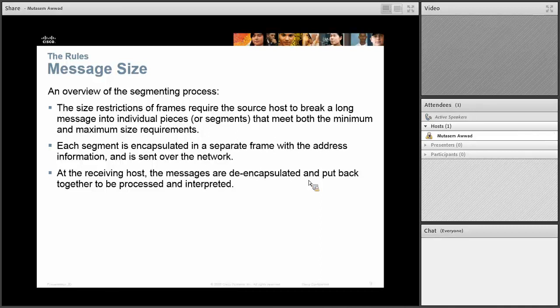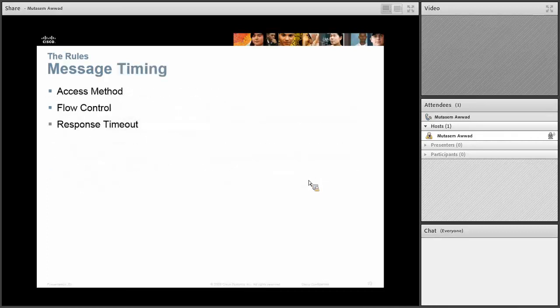The packet that you are going to encapsulate in a frame, the frame being the type of data that's going to be transported on the wire, that packet that goes inside the frame cannot be larger than 1,500 bytes. Okay, so data has to be divided into smaller pieces all the way from the top before it gets encapsulated. So the message size is limited to a certain amount.